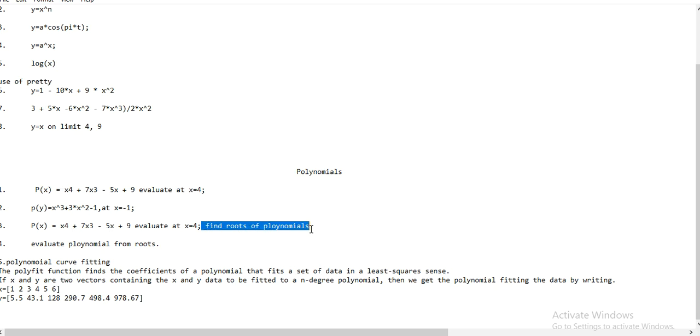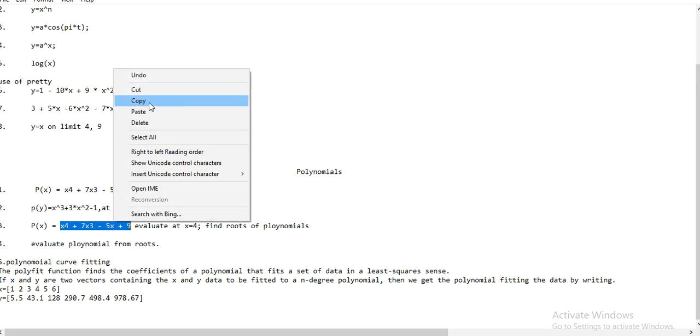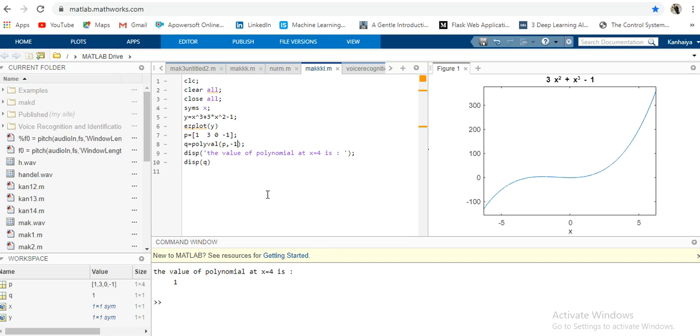Then we have to find the roots of the polynomial. This is a polynomial of order 4, so if we try to find its roots, then we must have 4 roots. Okay, because the order is 4. Let's try to find the roots and see how we will solve it using MATLAB.